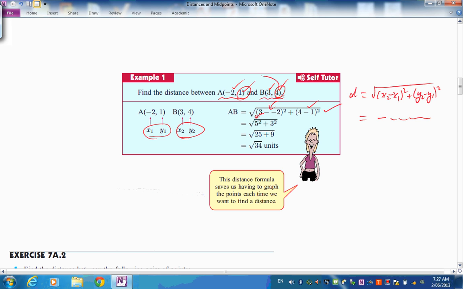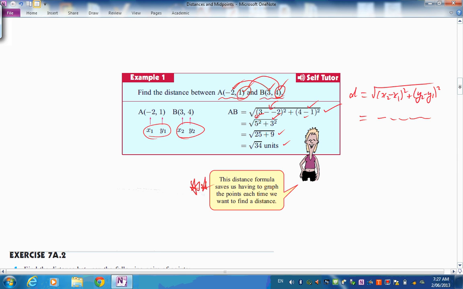It's these two together, the y's together, and the x's together. Don't cross over. And so this is 4 take 1, which is 3 squared, and it works out to root 34 units. With an actual formula, we don't have to plot the points, which sometimes can get very messy, having to plot the points all the time.